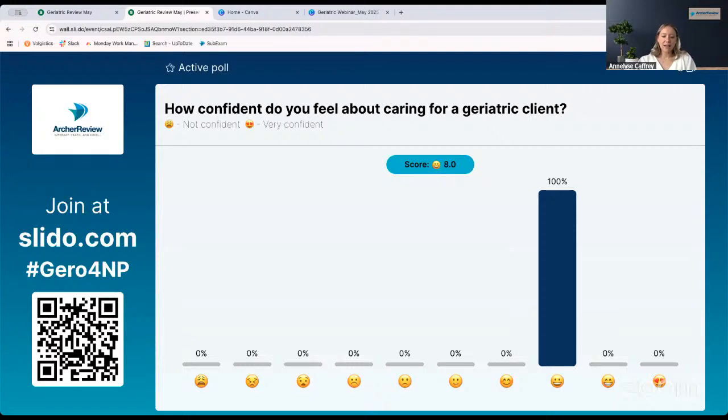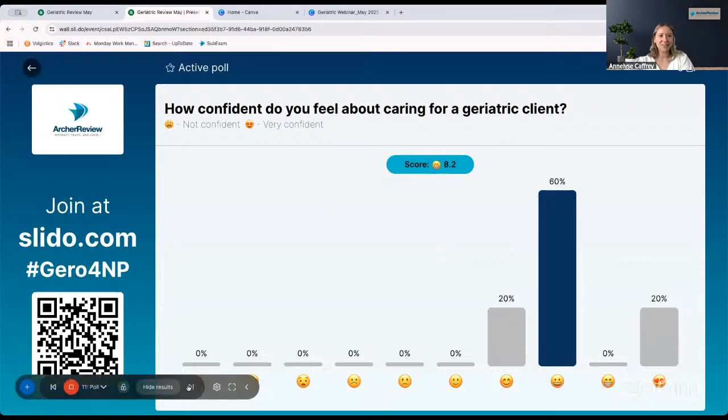Okay, this is good, guys. This is a higher level. So I am glad to hear that people are feeling a little bit better about geriatrics. That is good for me to know.